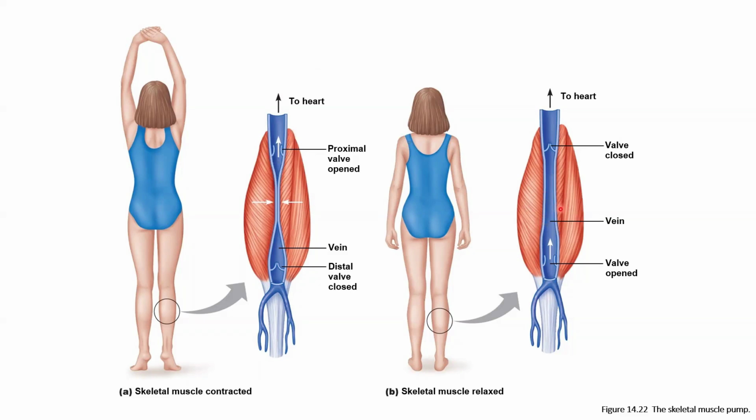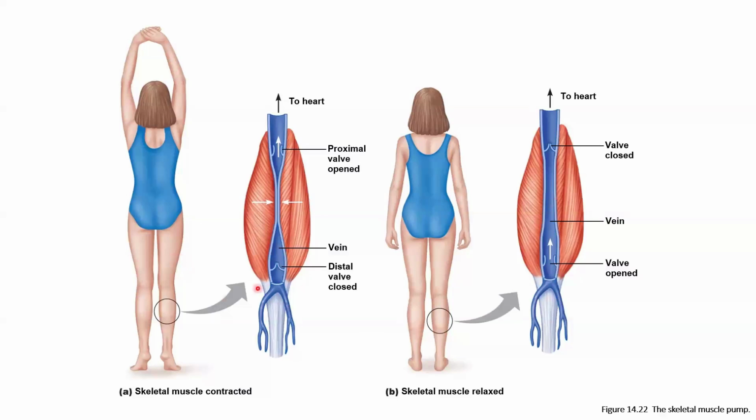On the other end, when the muscle is relaxed, the valve is closed while the preceding valve is now open. So blood can move into this space because the muscle is relaxed, but the distal valve is going to be closed. And so we can trap blood in this part of the vein until the next contraction.